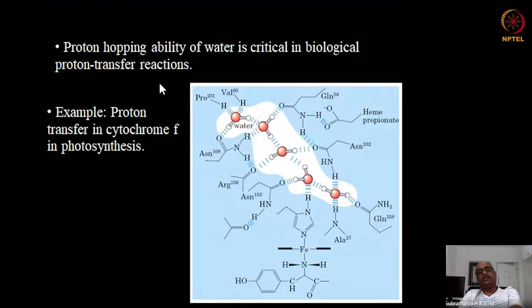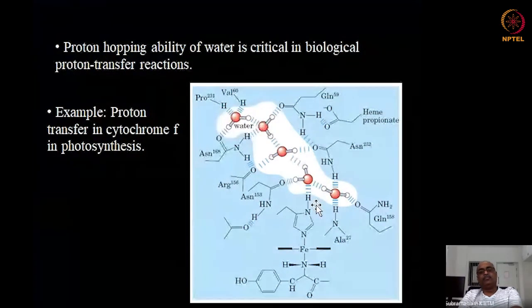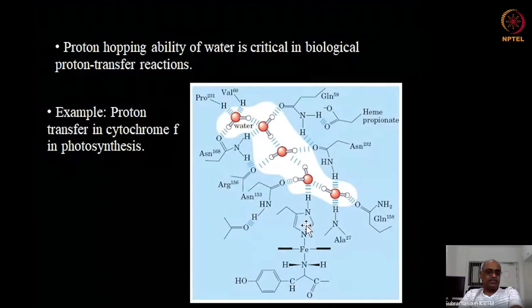That kind of transfer is readily made possible by water molecules and their ability to conduct proton hopping. So these are really fundamental concepts, so take your time to recollect and understand these.